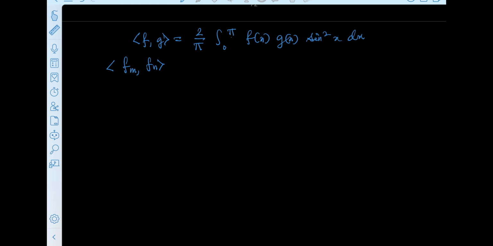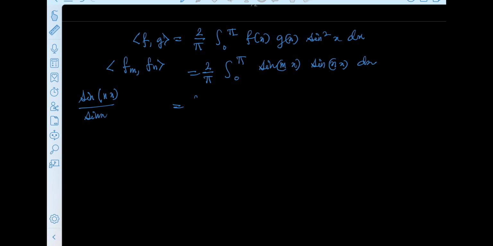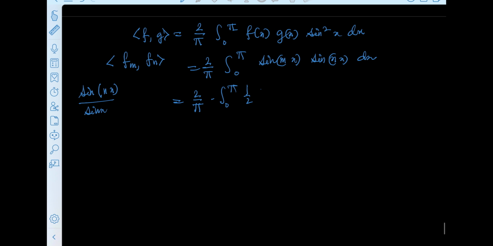When we integrate something, we don't care about the endpoints. So in the open interval 0 to pi, f of nx is sine nx by sine x. Okay, so this is 2 by pi integral 0 to pi sine mx times sine nx dx. So just put the formula of that: this is 1 by 2 times cos (m minus n)x minus cos (m plus n)x, dx.